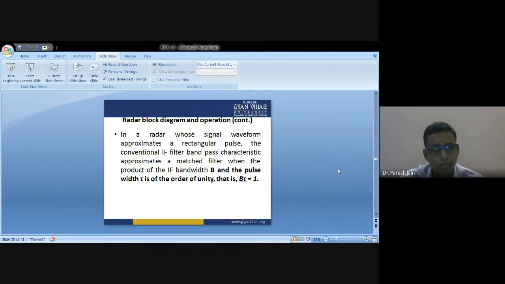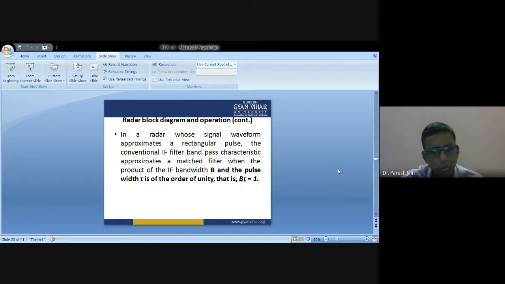In a radar whose signal waveform approximates a rectangular pulse, the conventional IF filter bandpass characteristic approximates a matched filter when the product of the IF bandwidth B and the pulse width tau is of the order of unity, that is, B times tau equals 1.